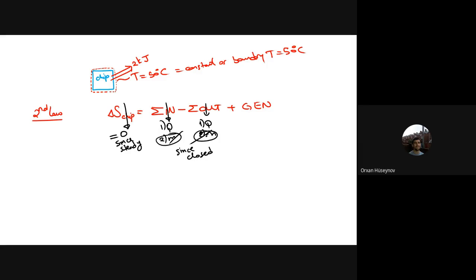And now comes the heat transfer. The heat leaves the system. If there is no heat transfer into the system, therefore this term becomes 0. But we have this term, I will write it. And the generation term is not 0.